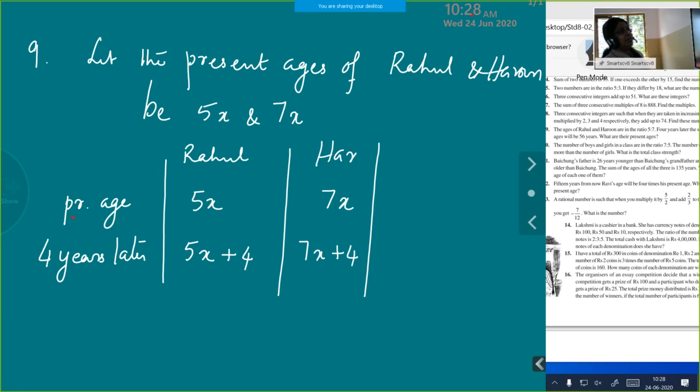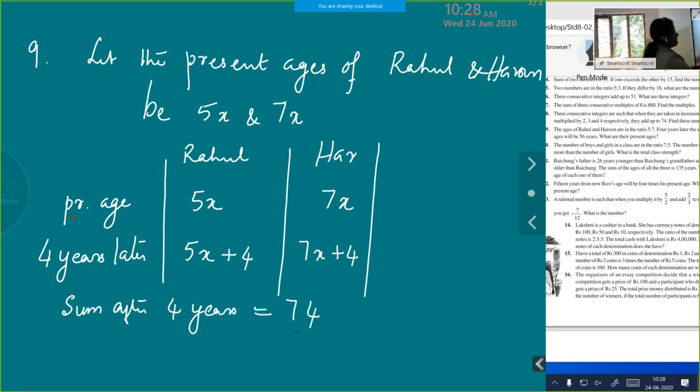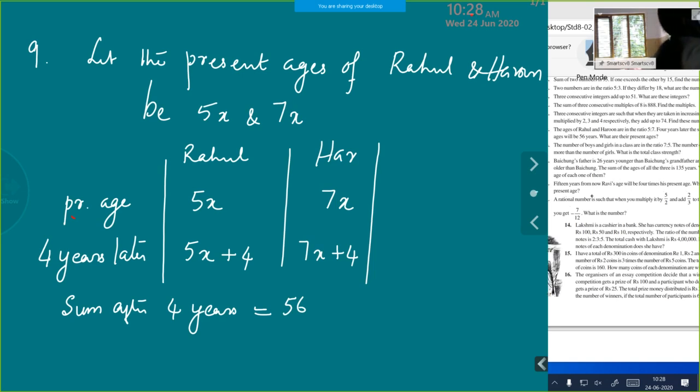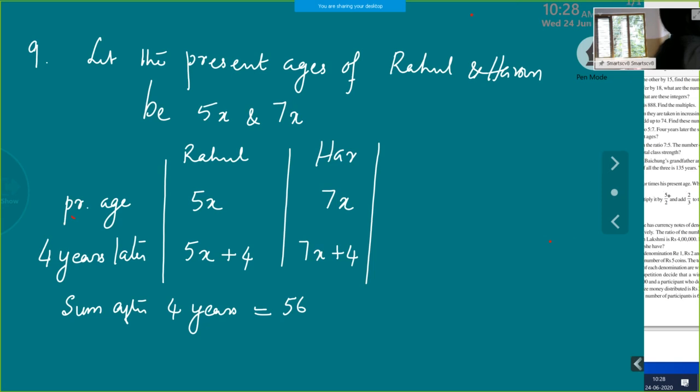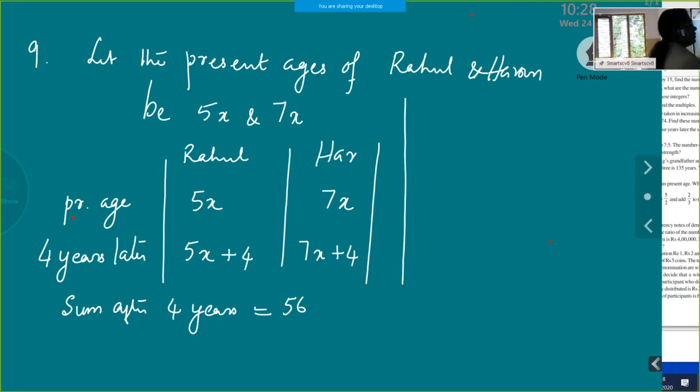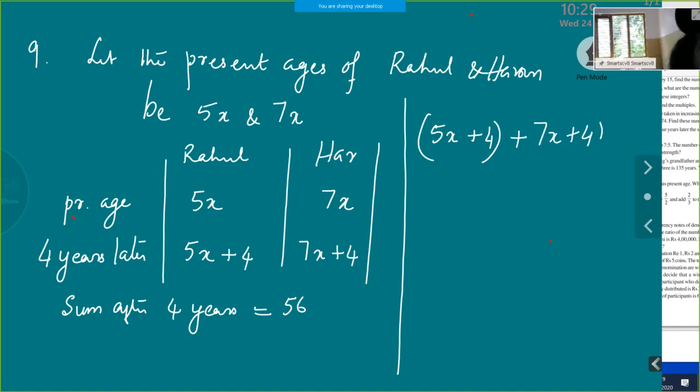At that time, the sum of the ages is given as 56. So the sum after 4 years is 56. We add the two ages: 5x plus 4, this is Rahul's age, and Harun is 7x plus 4.